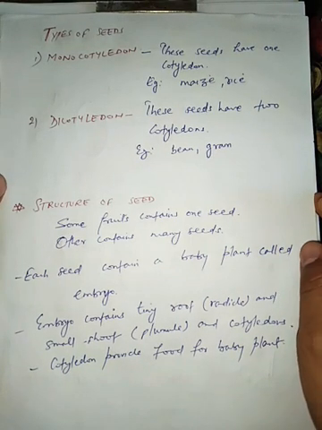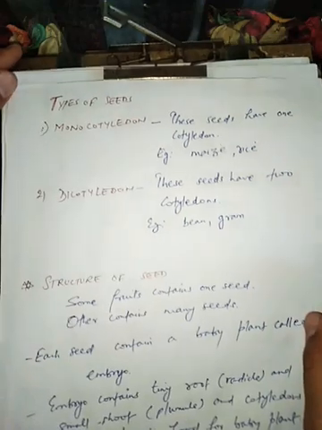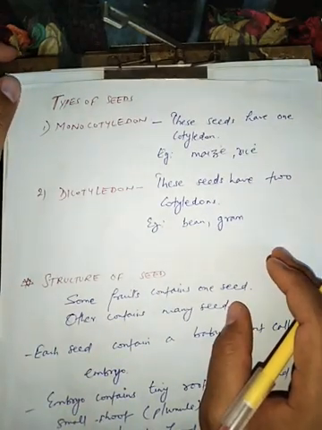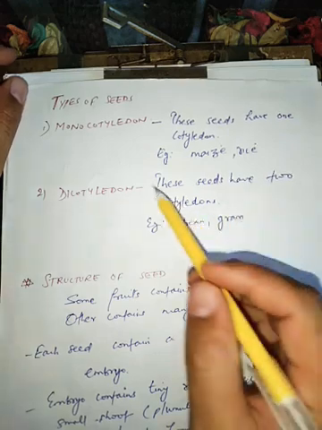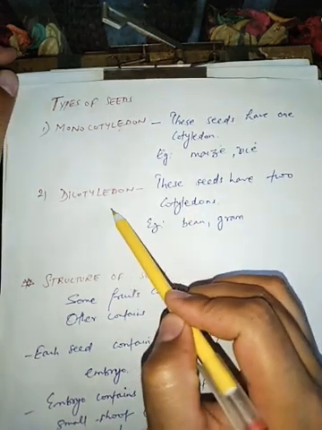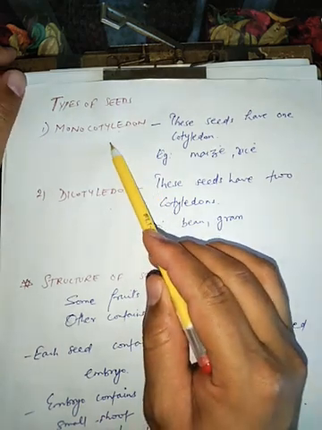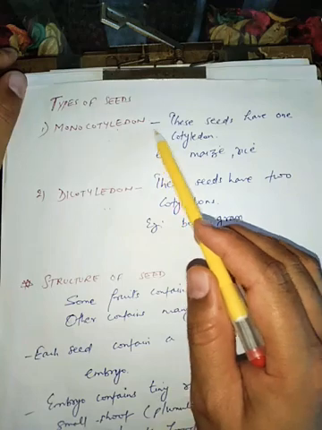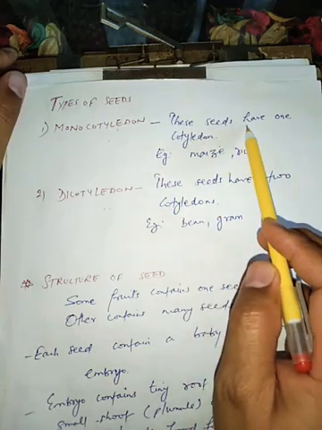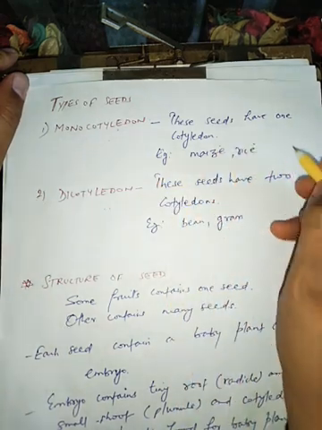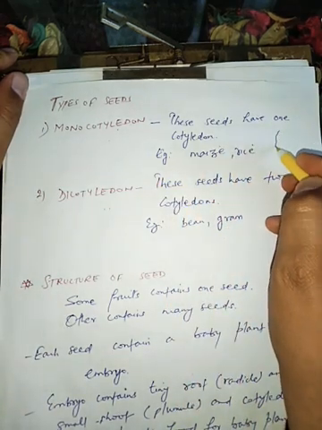Types of seeds. Now students, you can see here, seeds basically are of two types, monocotyledon seeds and dicotyledon seeds, or monocot seeds and dicot seeds. Now see, monocot seeds have one cotyledon, means a single cotyledon.